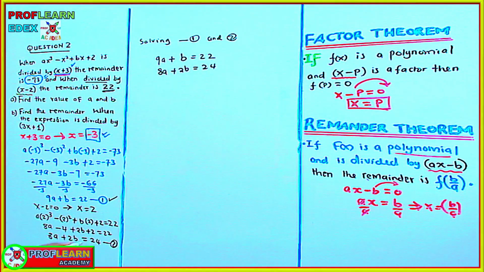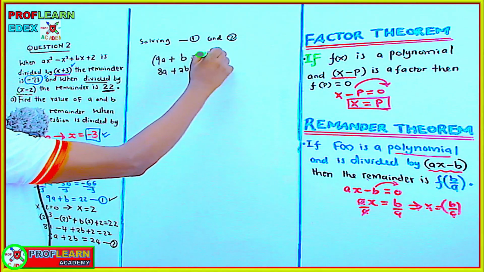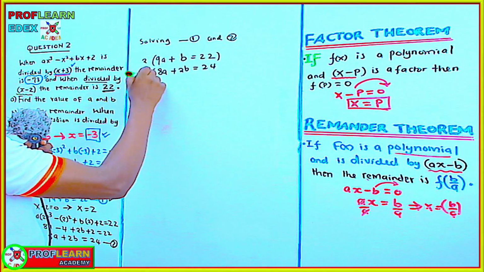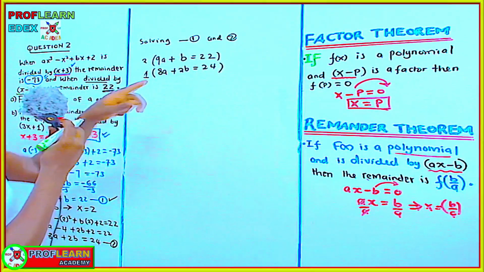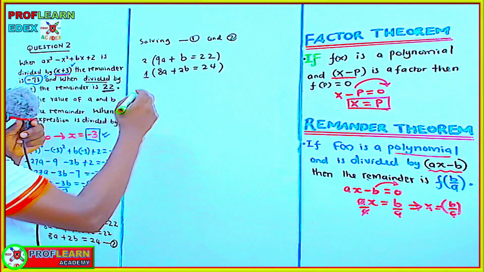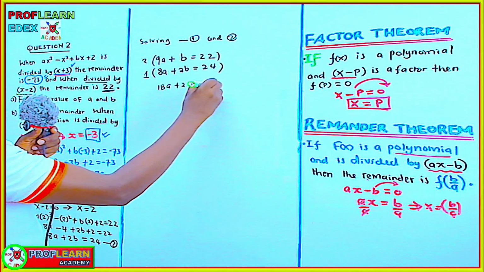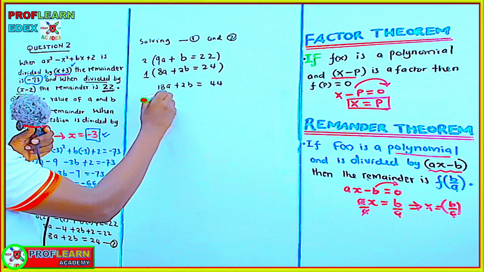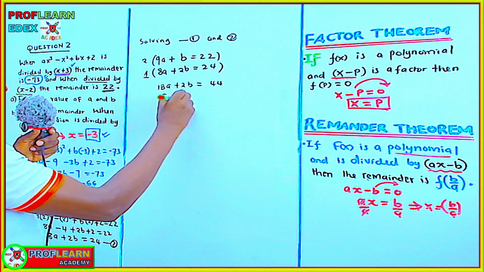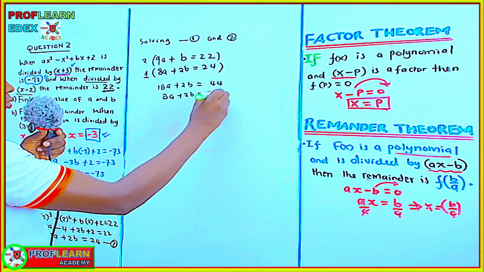And how can we simplify this? We can multiply equation 1 by 2 and equation 2 by 1, so that I'm going to eliminate b. This is going to be 18a plus 2b is equal to 44, and this is going to be 8a plus 2b is equal to 24.